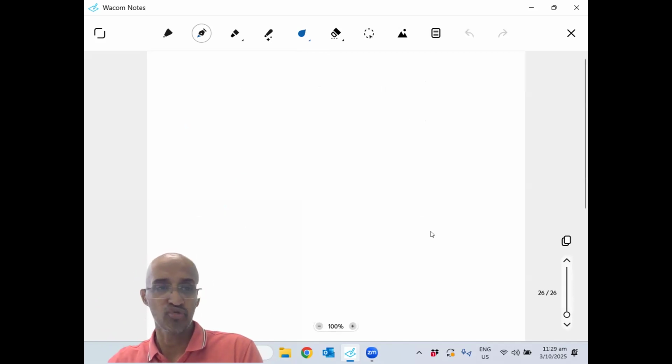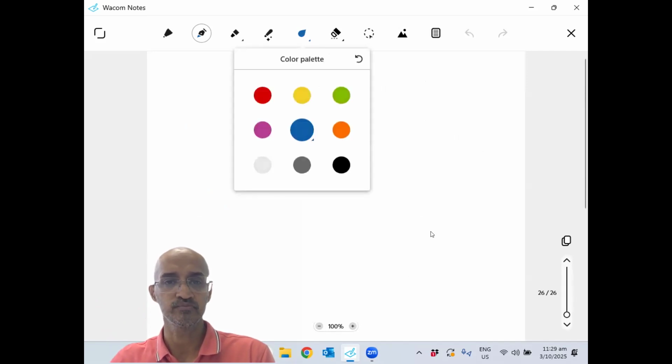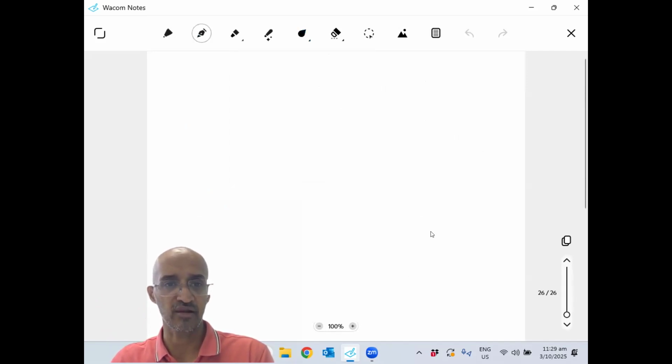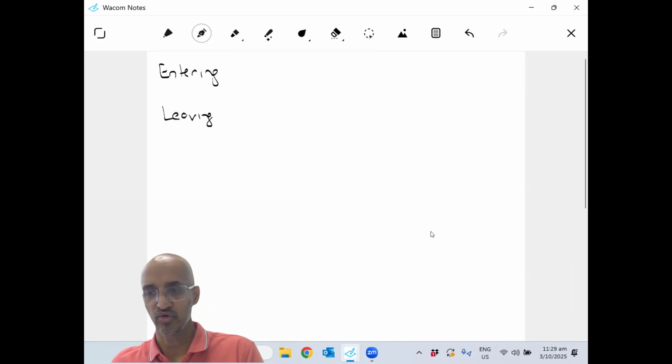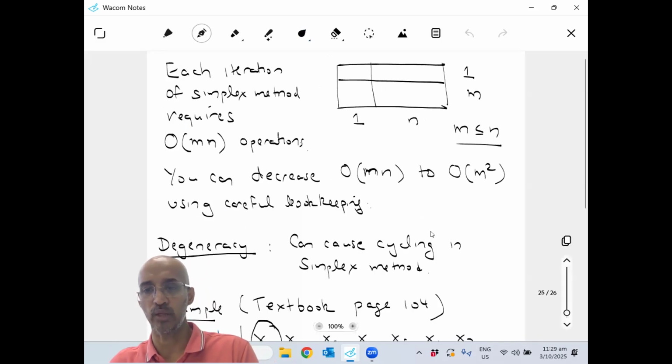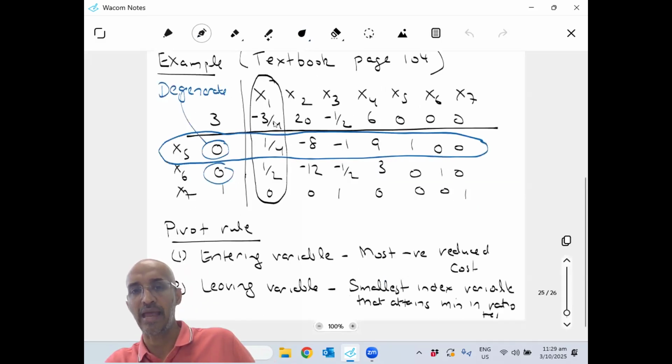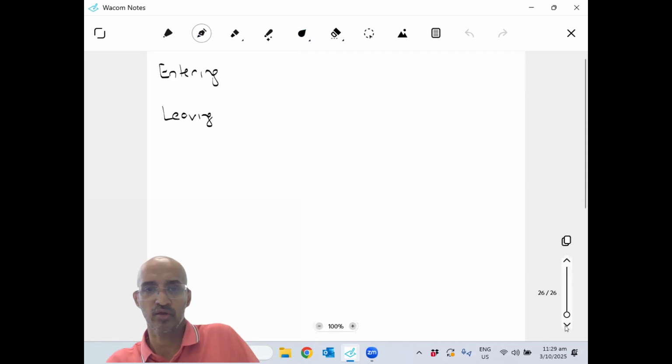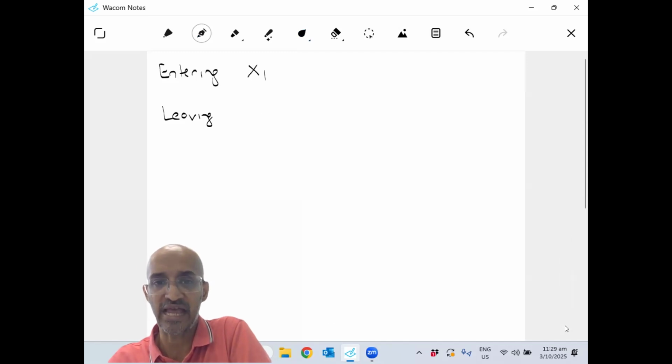If you implement the simplex method for this example, I will let you try this on your own time. In this example, X1 enters, X5 leaves.